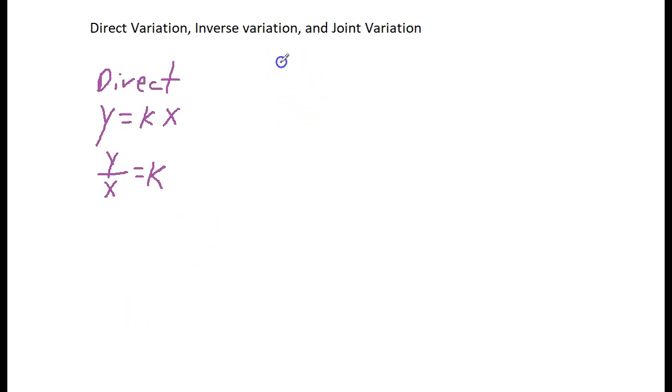Alright, now inverse variation is this. y equals some constant k divided by x. In other words, y equals the inverse of x times k.